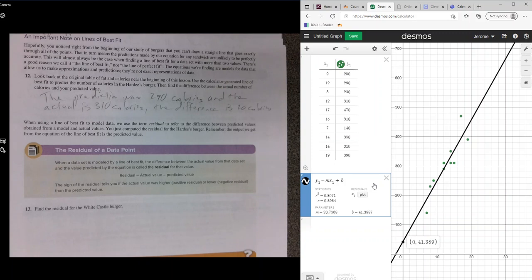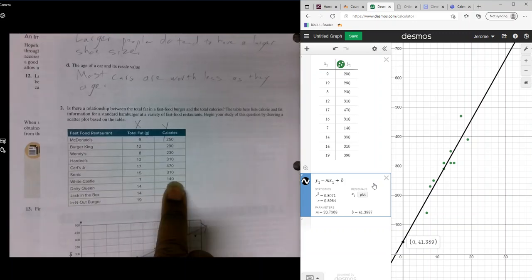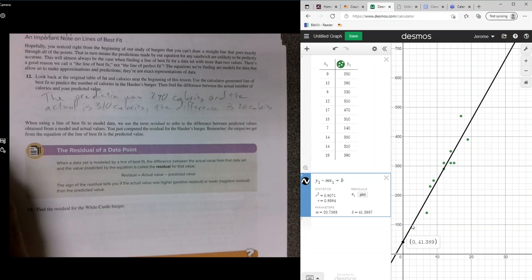So we go here to the graph and we go up here till we get to, let me see, it's not letting me drag here. There actually is another way to do it. I don't know why it won't let me drag.